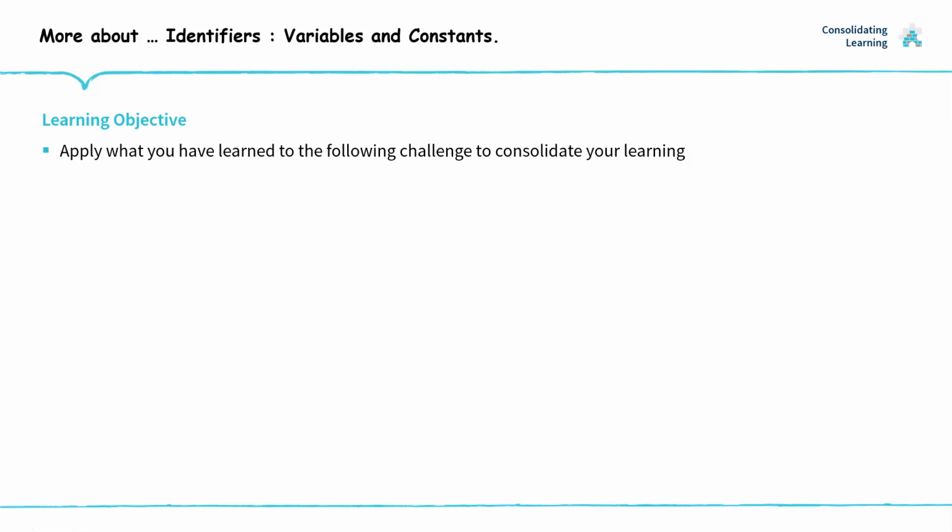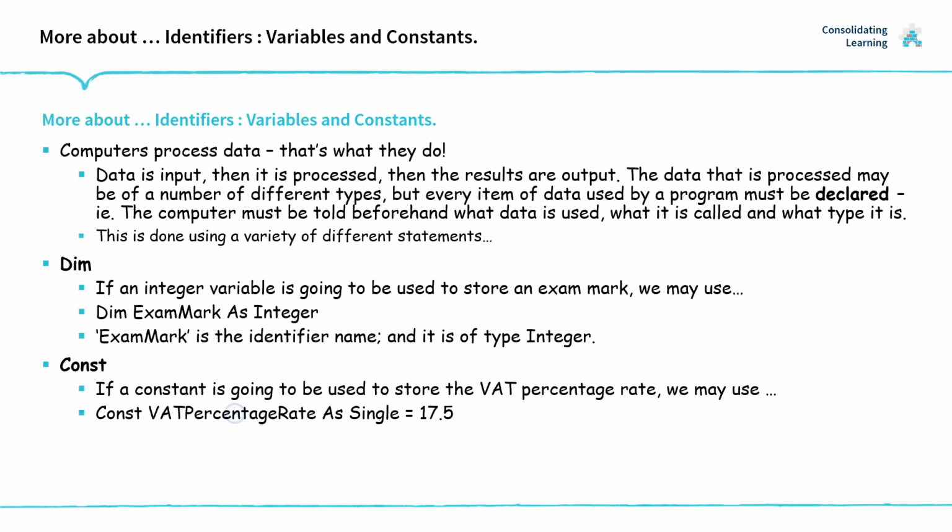So what we're looking at is we want to get you to apply what you've learned to the following challenges to consolidate your learning. So a bit about the identifiers, variables and constants, what they are, where you use them, why do you use them, and what the difference is.